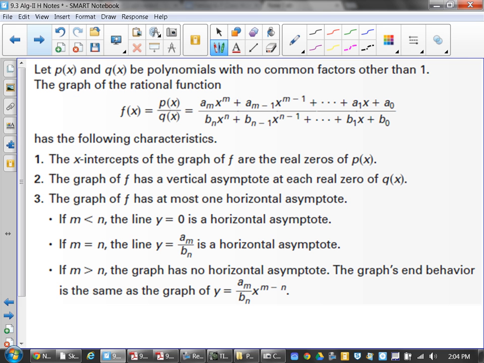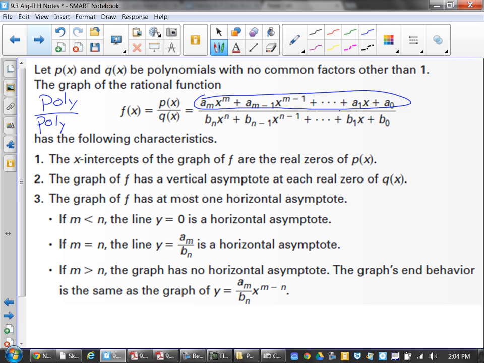Right off the bat, this is just a polynomial divided by some other polynomial. What they're doing with this whole slew of stuff just means the polynomial is written in descending order. That's all that means.